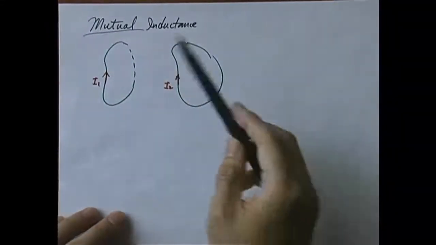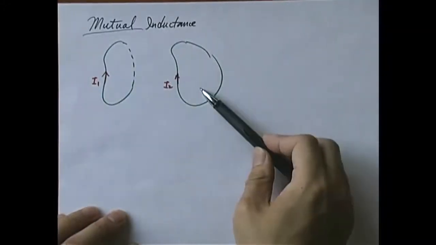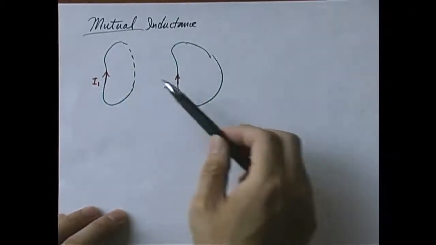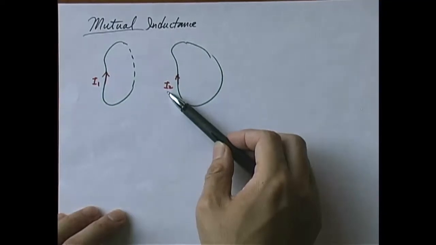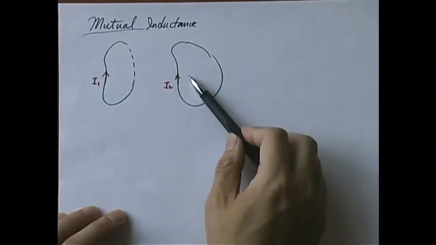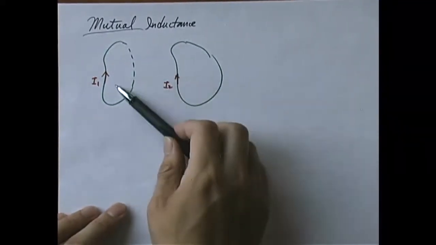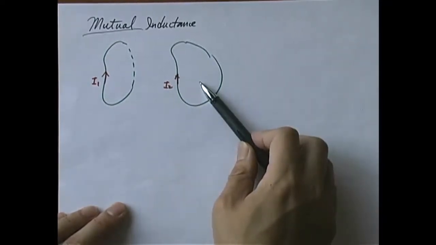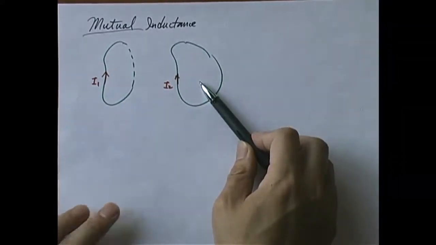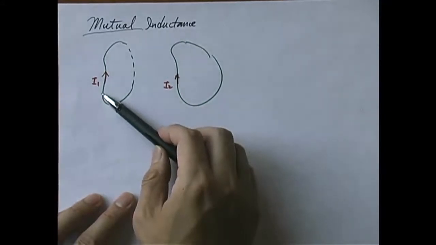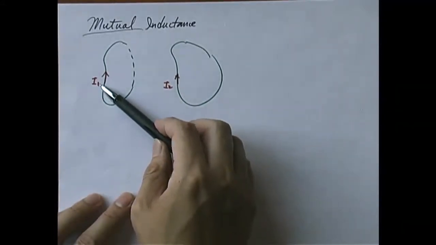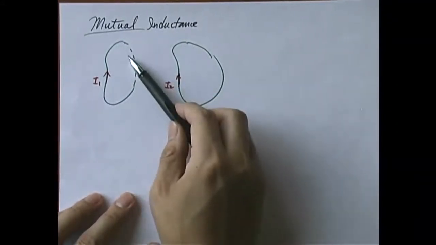A simple example, suppose I've got 2 loops, okay, loop 1, loop 2. Now there's a current I1 running in loop 1, there's a current I2 running in loop 2. Now suppose they are close by, so that any magnetic field produced by one of them will be felt by the other. And let's say, for whatever reason, there is a changing current running through the first loop. So I1 changes over time.